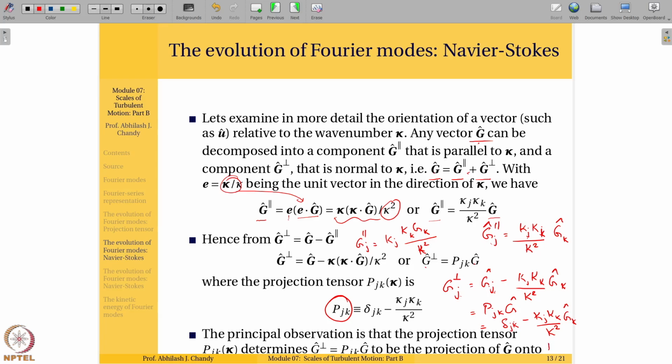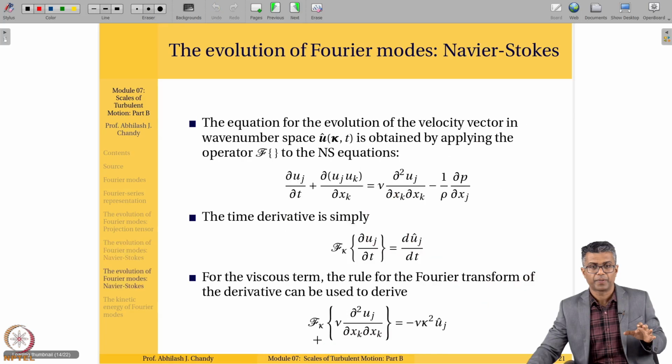Okay, so onto a plane that is perpendicular to kappa. Essentially, it projects g hat onto a plane that is perpendicular to kappa, and that is how you get g perpendicular. So that is what the projection tensor is doing.